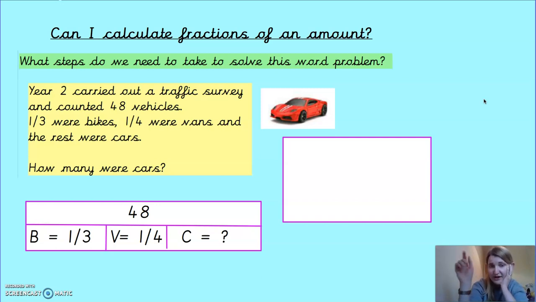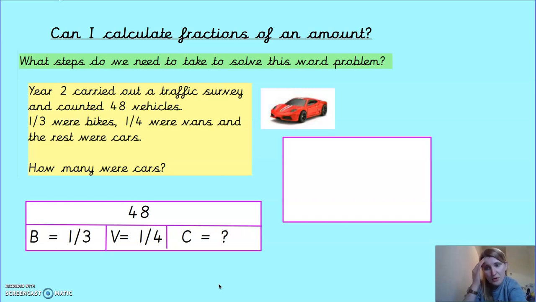How many were cars? Now, to get us started, I've drawn a bar model because I like them. So I've put the total number of vehicles was 48. A third of them were bikes, a quarter of them were vans, and the rest were cars. Can you pause me and think about how you would go about finding out how many were cars? And there are multiple ways of doing this. All right, pause me and then we'll have a look in 3, 2, and 1.